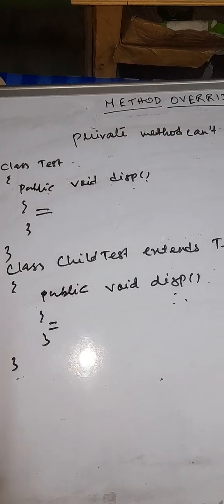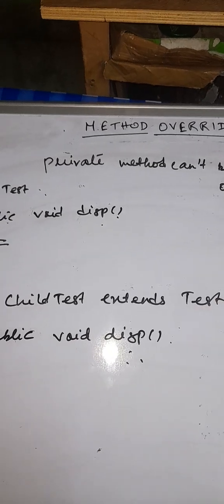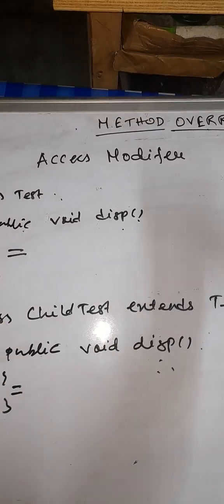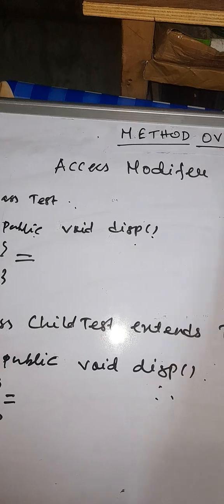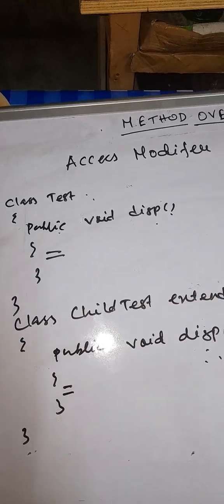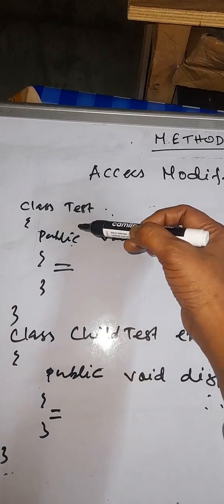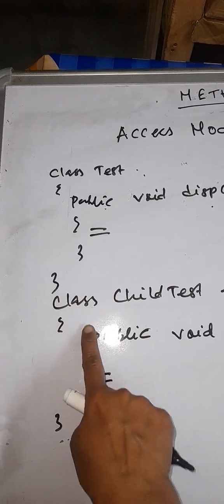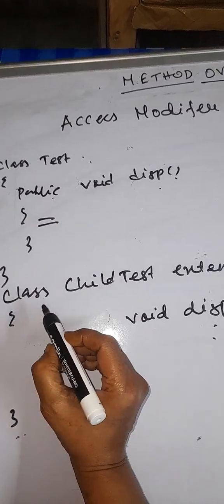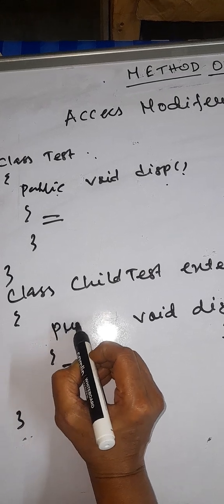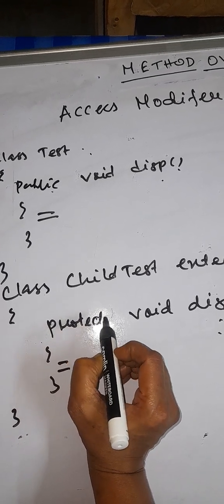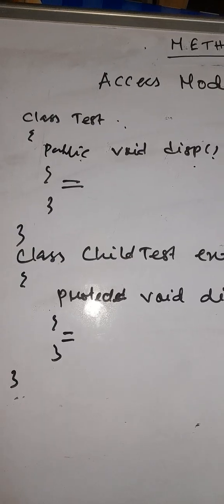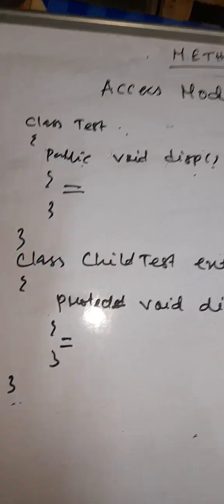So the next part is the access modifier in method overriding. What is this? If any method you declared as public, when you override this method, you can make it protected. Sorry.